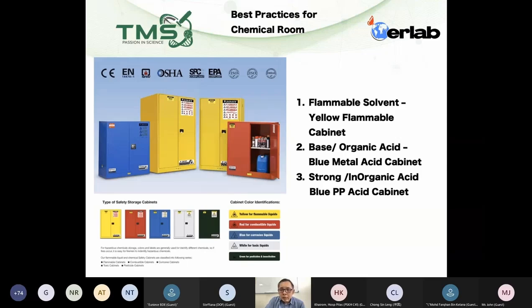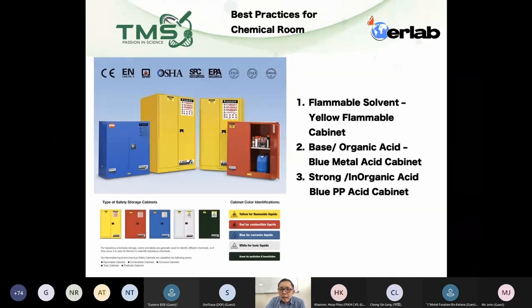The yellow is normally for flammable chemicals, like solvents that are easily flammable. Red, occasionally we'll find them. Red is meant for combustible liquids like petroleum, butadiene, kerosene, etc.